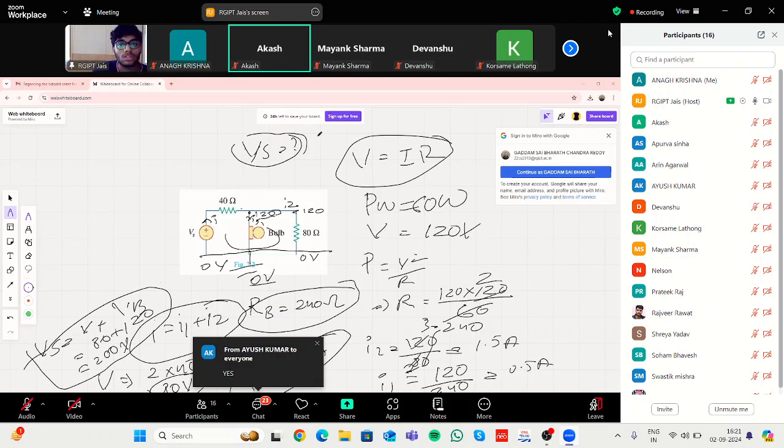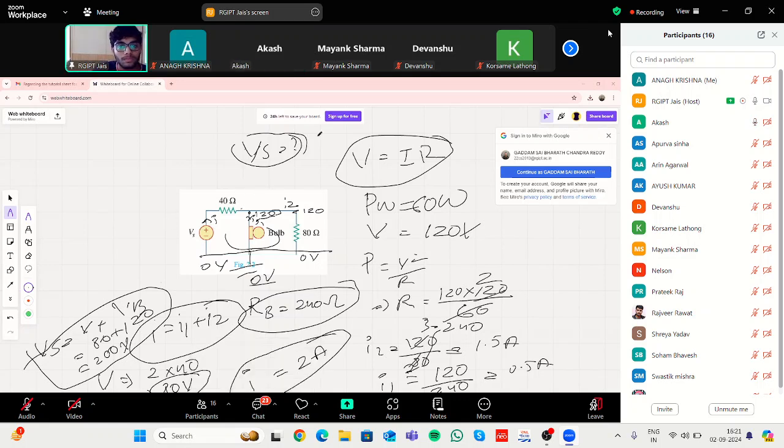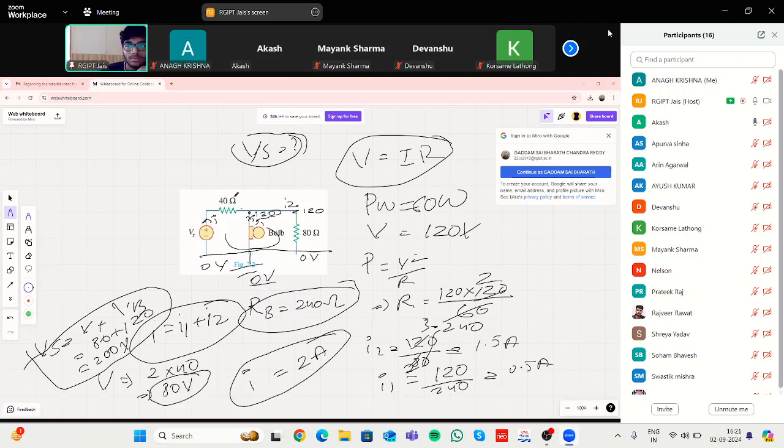Okay, now we'll go to the third question. Here, why didn't we apply the direct voltage divider, like finding the equivalent resistance of the parallel connection of the bulb and the 80 ohm resistance, and then applying V times R2 upon R1 plus R2?